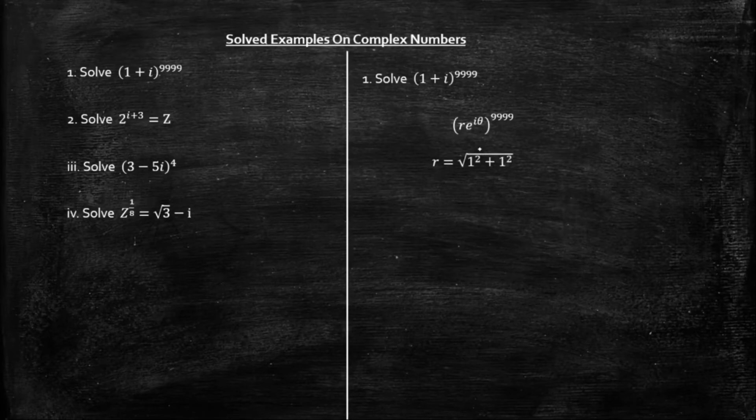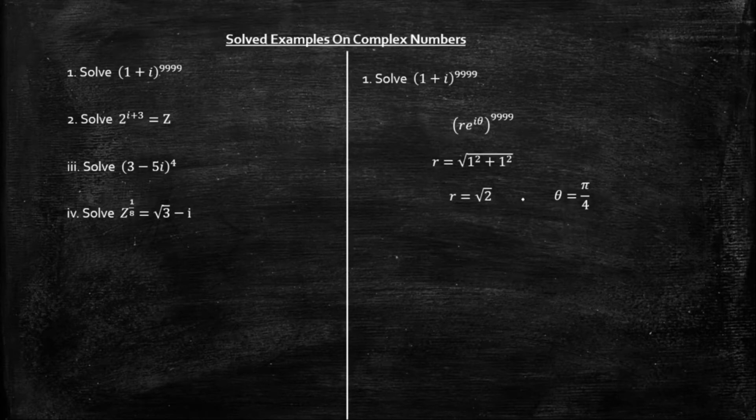We need to find the modulus, that's the square root. From my previous videos, I taught how to find the modulus with a formula and also the argument. When you do that correctly, you get the modulus to be root 2 and the angle is pi on 4. You know that pi is 180, so that's it.